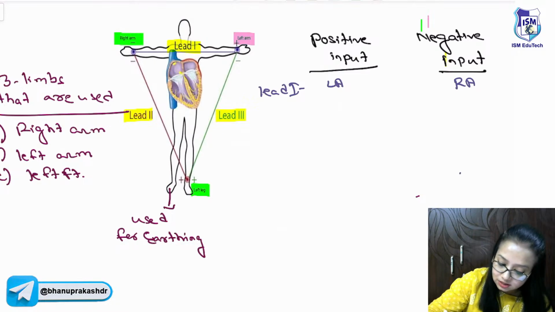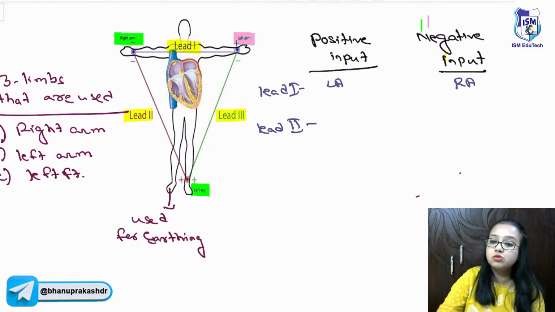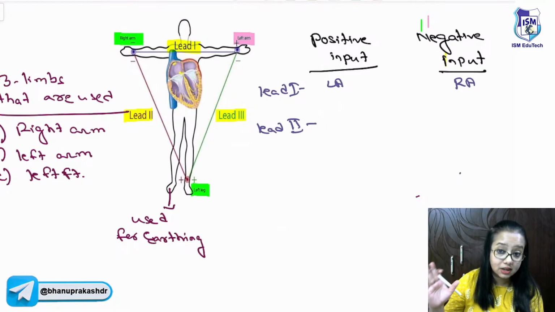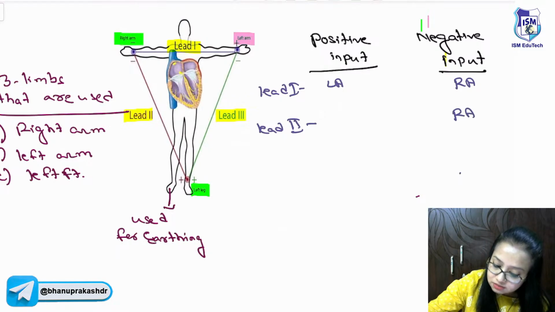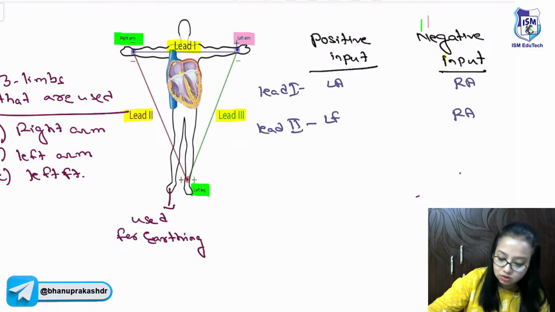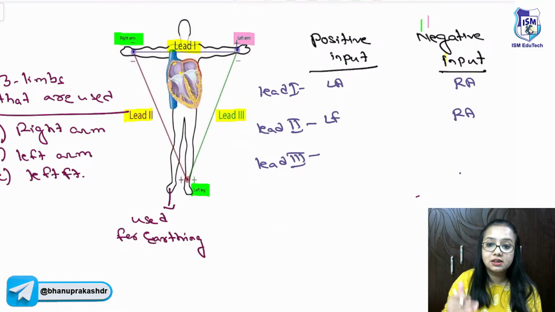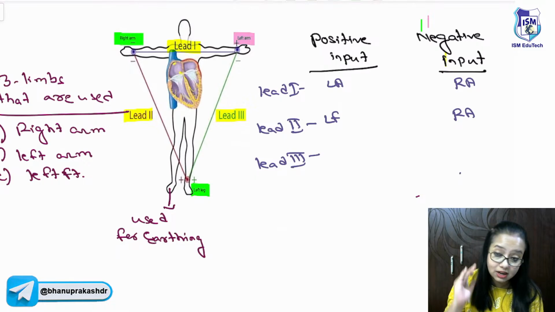Very simple. Coming to the next lead, that is lead 2. In lead 2, the limbs that are linked are the right arm and the left foot. Again, it's very easy to remember. Right arm is always negative and left foot is always positive. Now coming to lead 3. In lead 3, the input is to the left arm and the left foot.